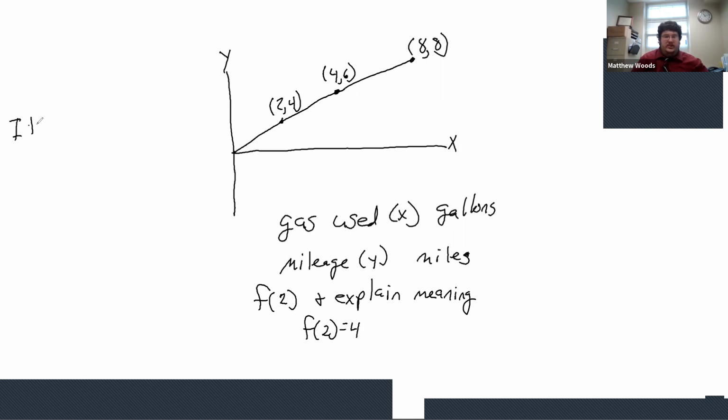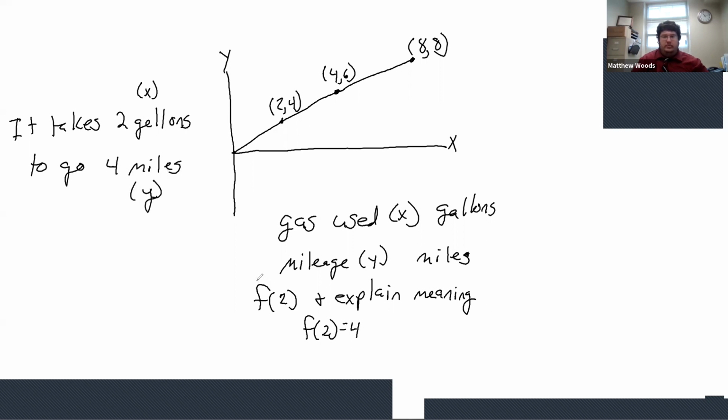So I could say it takes 2 gallons to go 4 miles, which remember is my y. So when you see explain the meaning, you have to take the values from the graph and plug in their units.